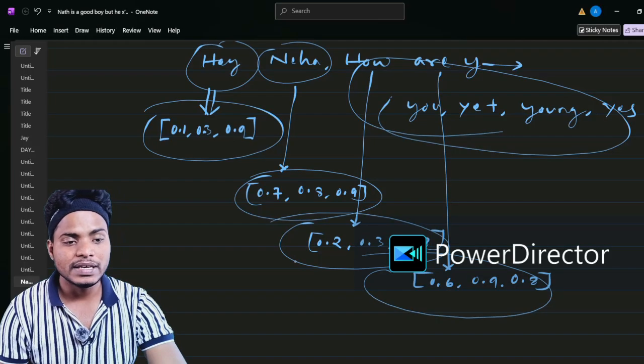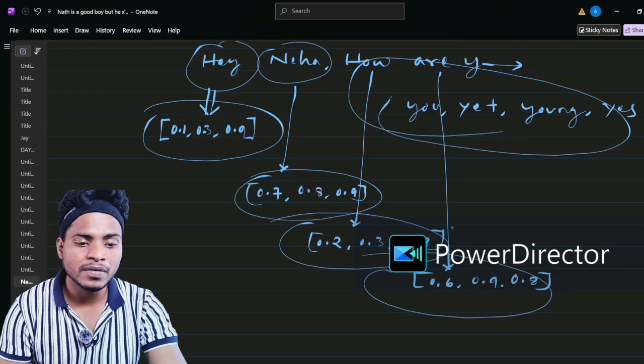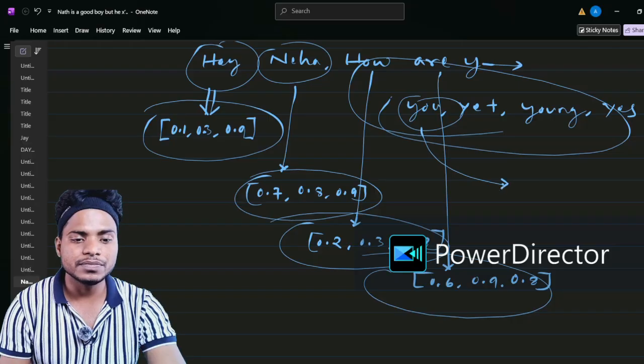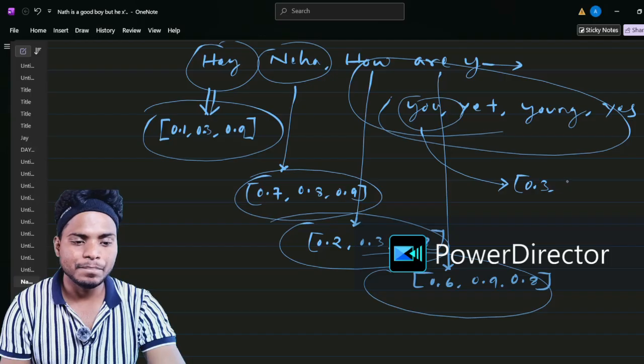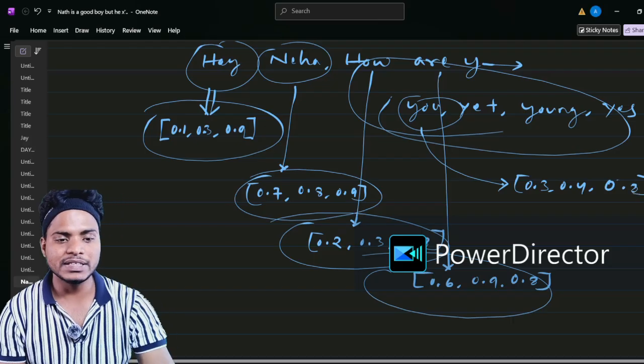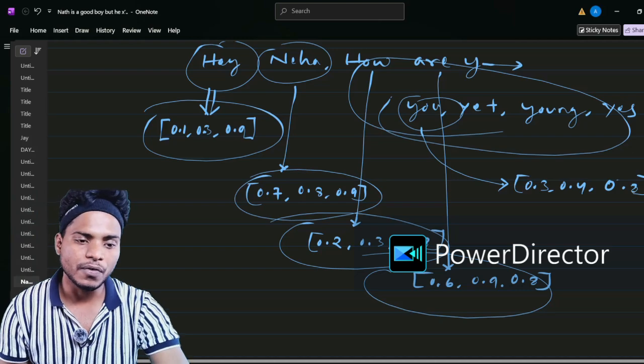I have written how are, and if I present the vector u in this form, 0.3, 0.4, and 0.8, this is the vector that I used for u.